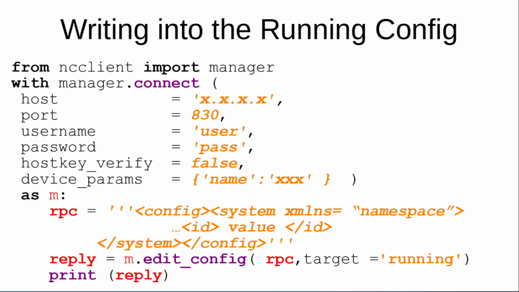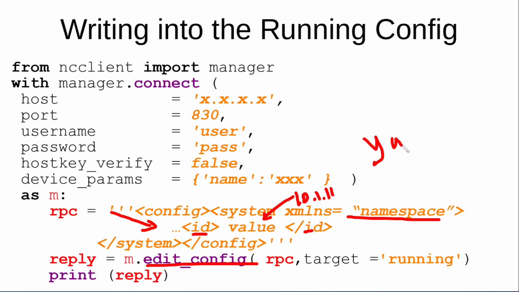In order to write into the configuration, you will have to use the edit_config method. You should create all your paths in order to find the variable. For instance, if this were an IP address, you will set this value to the IP address, for instance 10.1.1.1. Make sure to use the correct namespace.